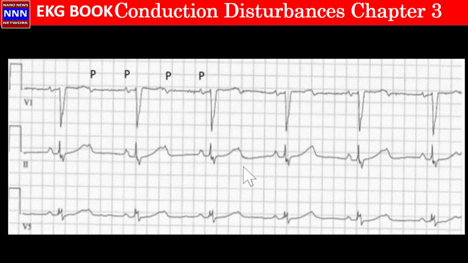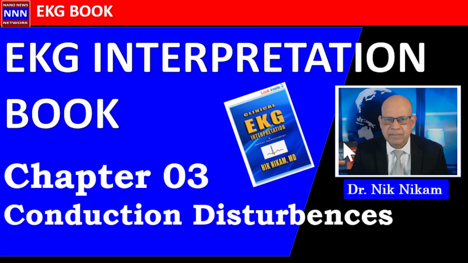When we see something like this, it is hard to say whether we are dealing with Mobitz type 1 or Mobitz type 2 of a second degree heart block, because we need to see at least two complexes conducted properly to see if there's a progressive prolongation of the PR interval. If it's just 1-to-1 ratio, you cannot be sure what we are dealing with.